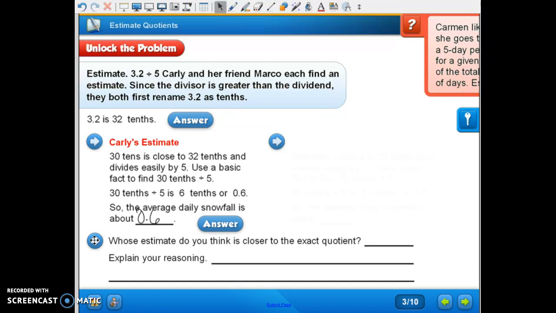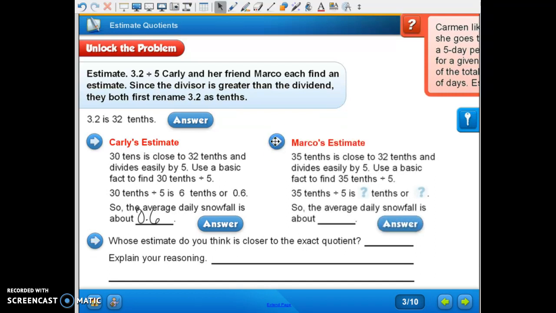Now let's look at Marco's estimate. Marco's estimate, 35 tenths, is close to 32 tenths and divides easily by 5. Use the basic fact. So 35 tenths divided by 5 is 7 tenths, or it can be written as 0.7. So the average daily snowfall in Marco's estimate is 7 tenths.